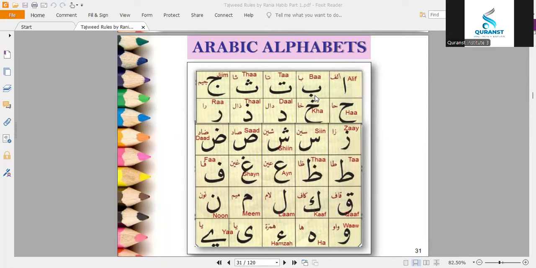The second fact that we must know is that we are studying one of the richest languages around the world, because we have around 560 sounds in the Arabic language from these 28 letters.